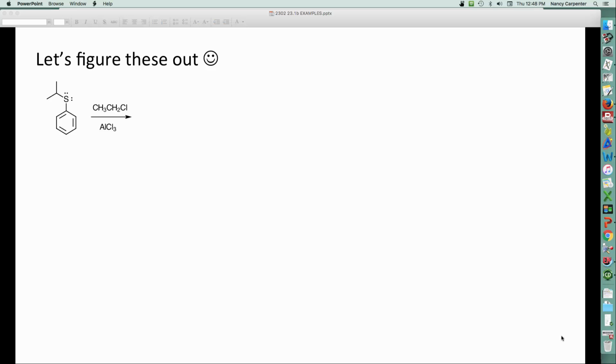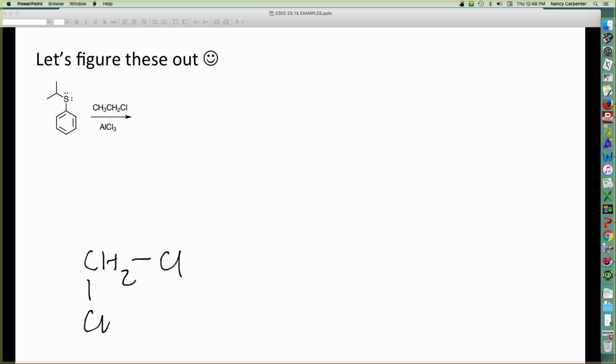All right, last example, we're going to look at this isopropyl thioether. And we're going to try and do a Friedel-Crafts with that. Okay, thioether, we've got some quite obvious lone pairs here, so this is clearly an electron donating substituent. So, based on what we've already seen, we should expect to see that our CH2, Cl, CH3 is coordinated to my aluminum trichloride.